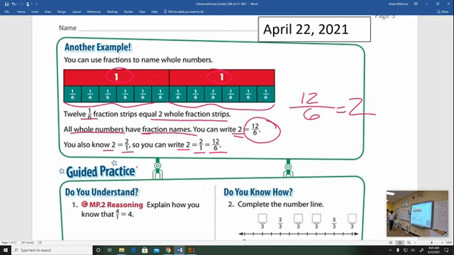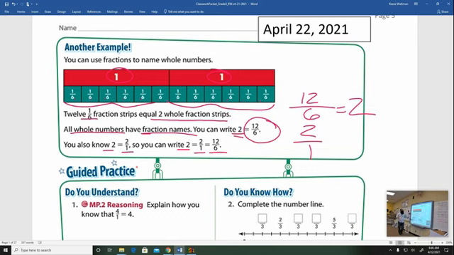If 12 divided by 6 equals 2, and you know that 12 over 6 is a fraction name for 2 as a whole number, and I said 2 over 1 could also be a fraction name for a whole number, what division problem am I talking about? What's the division problem there, Jen? 12 divided by 6, but I'm asking you about 2 over 1 now.